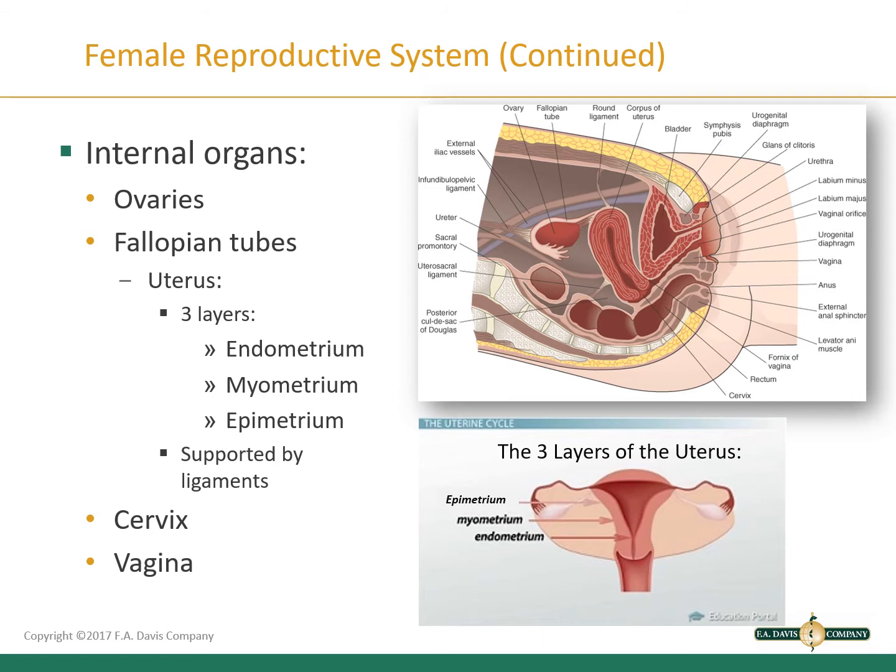The myometrium is arranged in a network, so it's able to thin out, pull up, and open the cervix so that the fetus can be pushed out of the uterus. And then you have your epimetrium. This is the upper outer layer that envelopes the uterus.